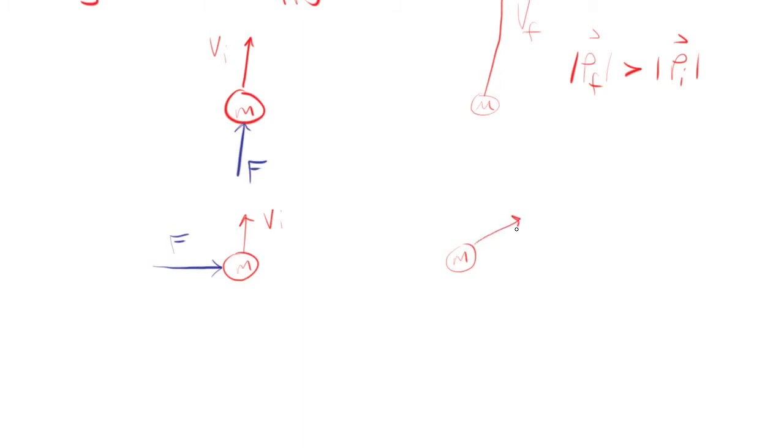At some later time, I'll have a v final over here, and we could make the claim that, sure, I could set this problem up such that the magnitudes of the speeds or the velocities are the same, but the angles are not. The direction of my momentum has changed, which means then that the actual vector is not the same. So the final momentum is not equal to the initial momentum.